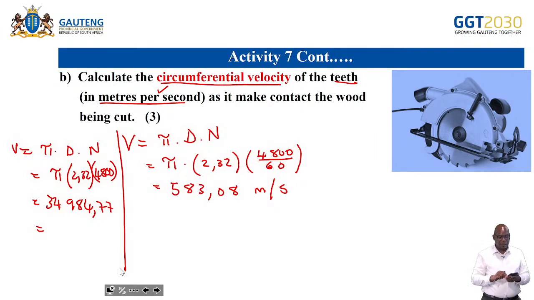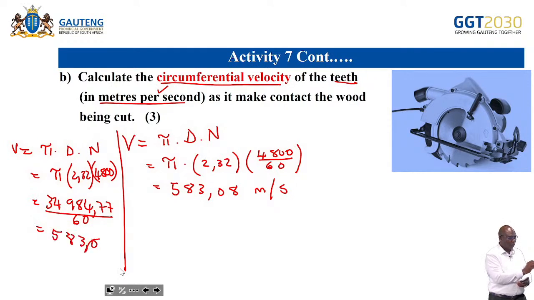If I divide that answer by 60, why do I divide it by 60? Because I want to take this answer to seconds, and the answer that I'm going to get is 583.08, and that answer will be the same as the one that I'm having here.